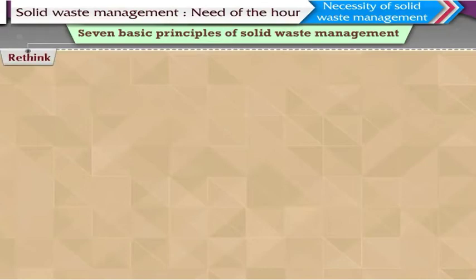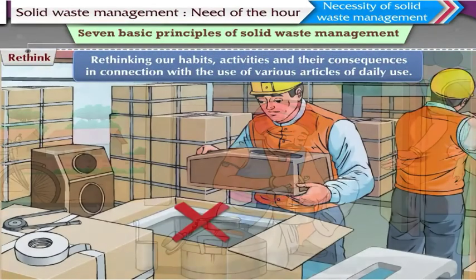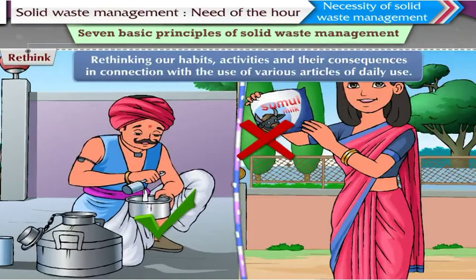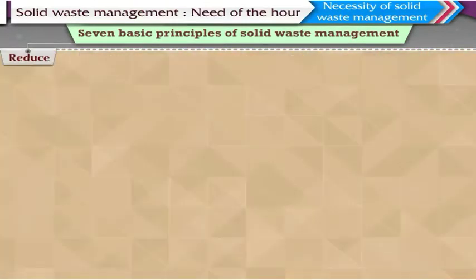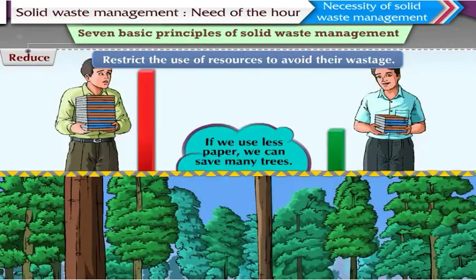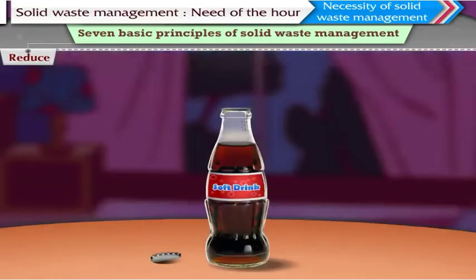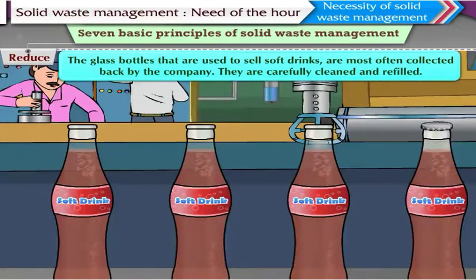Rethink. Rethinking our habits, activities, and their consequences in connection with the use of various articles of daily use. Reduce. Restrict the use of resources to avoid their wastages. Old materials should be reused. One thing should be shared by many.